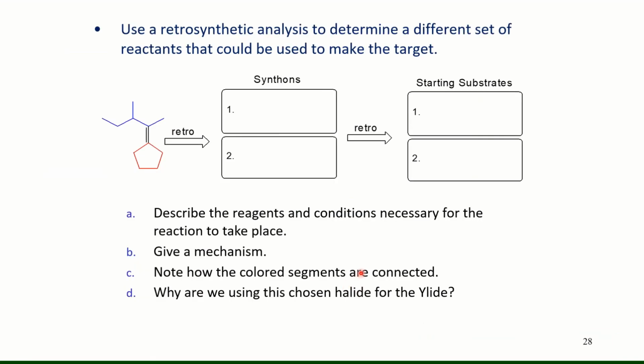So here, for example, we have a compound and we want to retrosynthesize it to see what our starting materials are. As an exercise, give the mechanism, and think about the halide that we're going to use to generate the ylide.